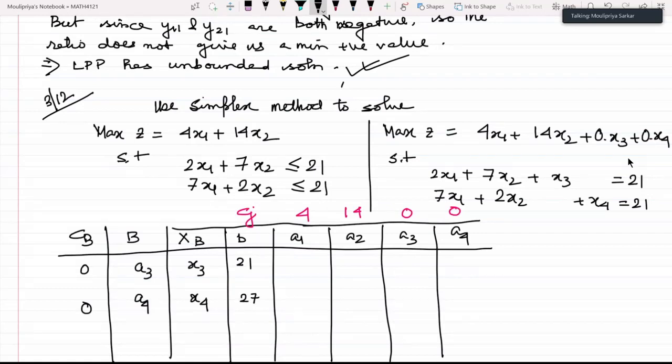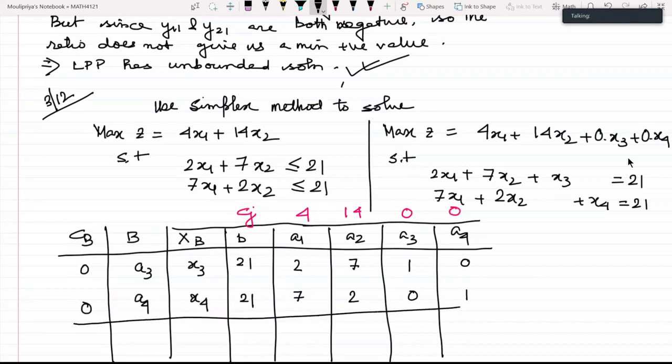A1, the column vector corresponding to x1, it is 2, 7. A2, the column vector of x2, it is 7, 2. A3, 1, 0. A4, 0, 1. Do it.